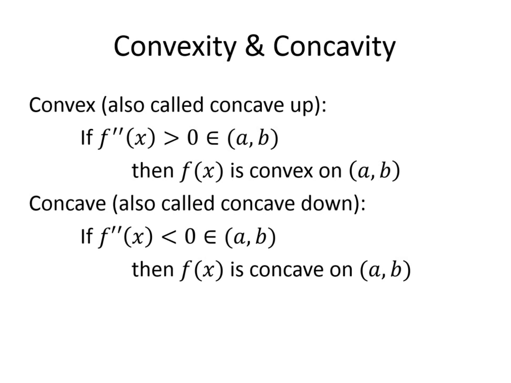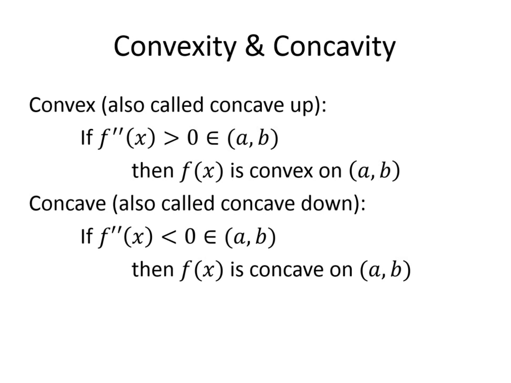So a function is convex when it has a positive second derivative. It is concave when it has a negative second derivative. In terms of terminology, there's some alternate terminology sometimes used. So convex functions are sometimes also called concave up.